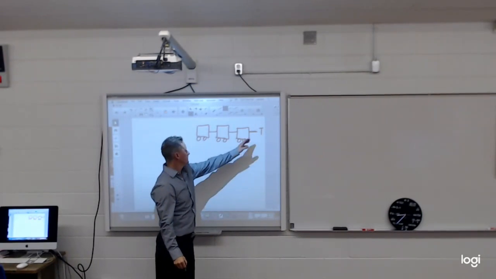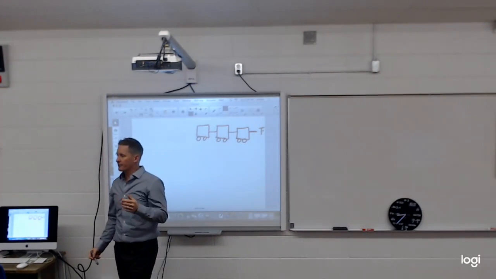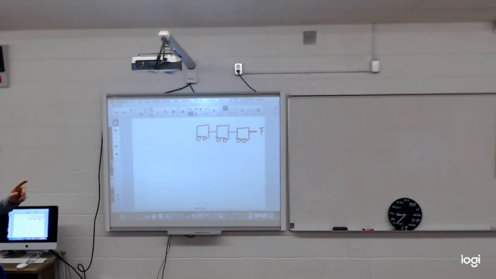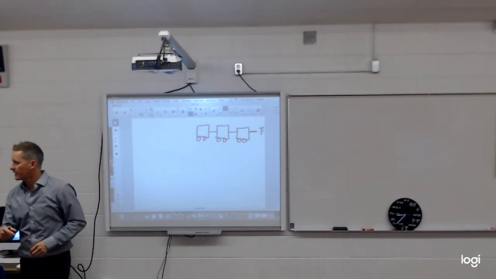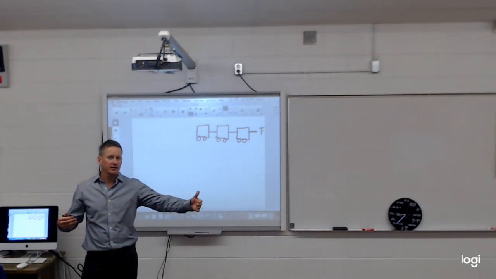I guess I'll just make that a force. You remember this question? What was it about the acceleration that we knew with the 3 cars? Constant throughout. Yeah, each one of the cars had the same acceleration because they were all attached, right? So they all moved basically as one.